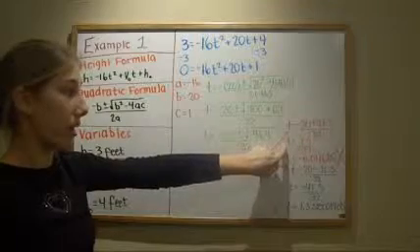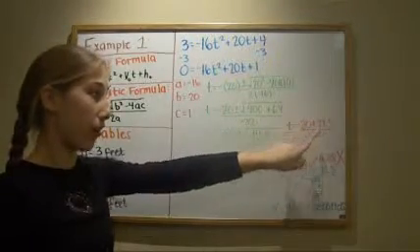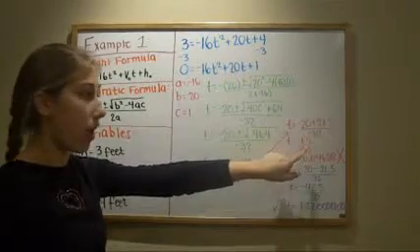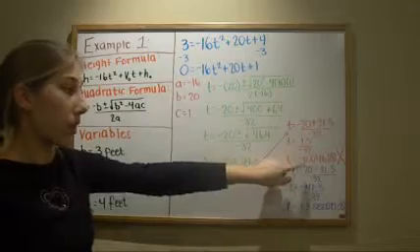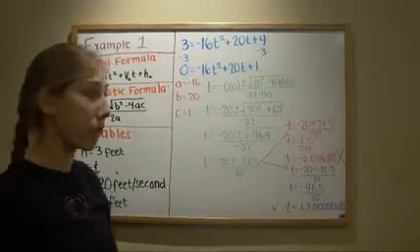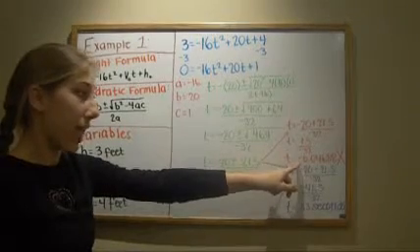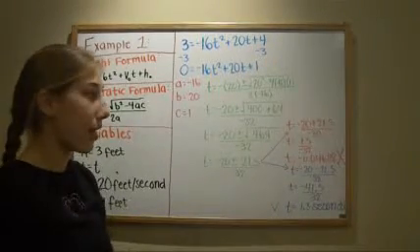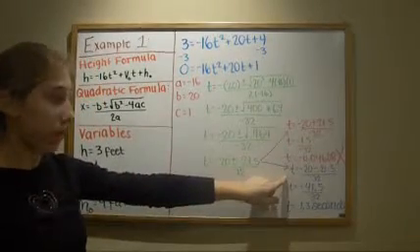You get t equals negative 20 plus 21.5, which is 1.5, over negative 32. T equals negative 0.04688. Since this is negative and time cannot be negative, that is not an answer. Let's try the other equation.